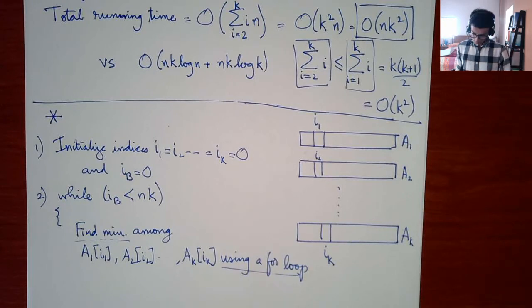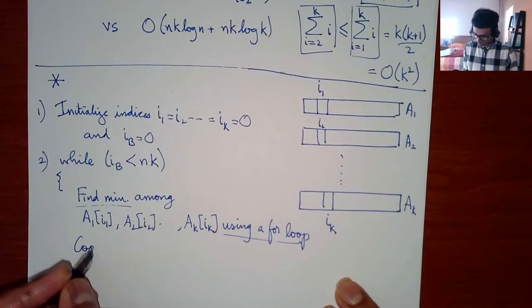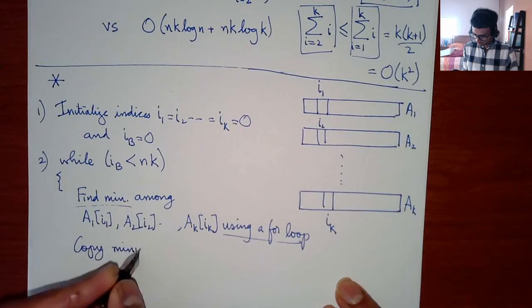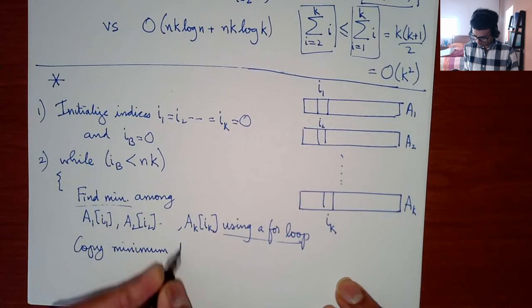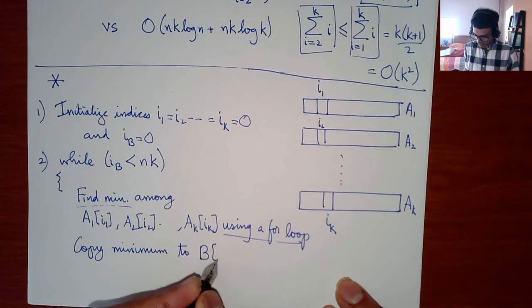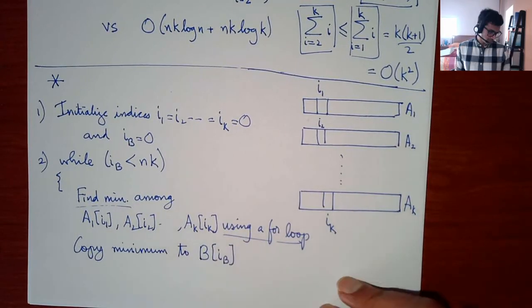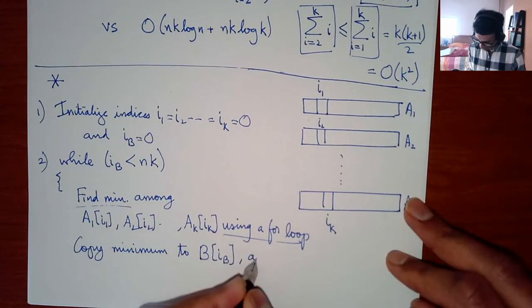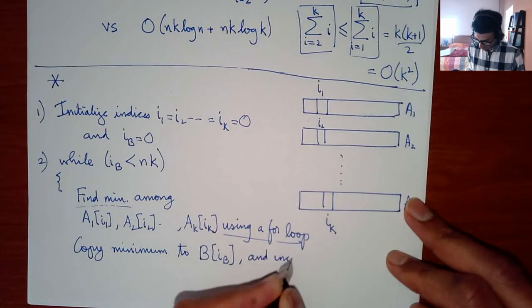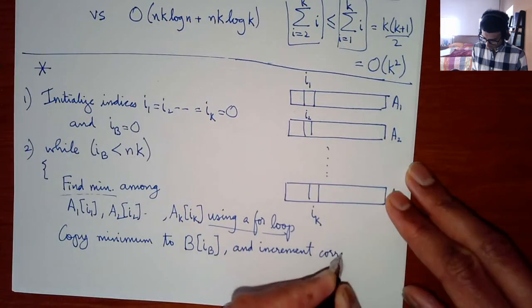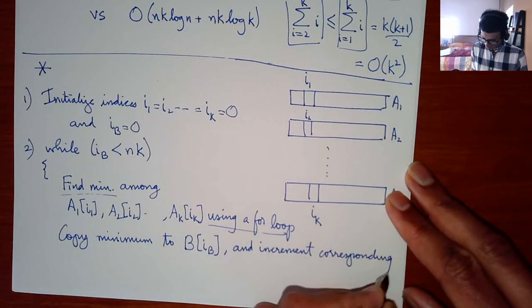Then I'll say copy the minimum to B at i_B and increment the corresponding index.